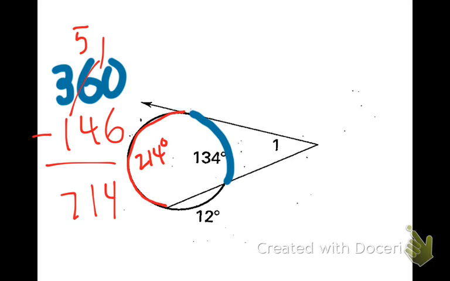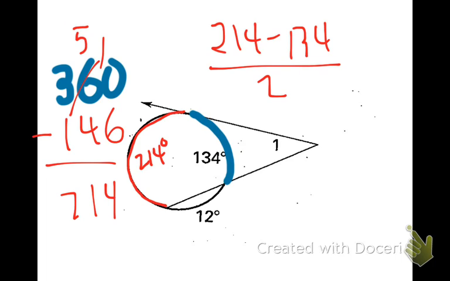Now, how would I figure out angle 1 according to my rule? Gunnar, how do I figure it out? You do 214 minus 134. Yeah, very good. 214 minus 134 divided by 2.